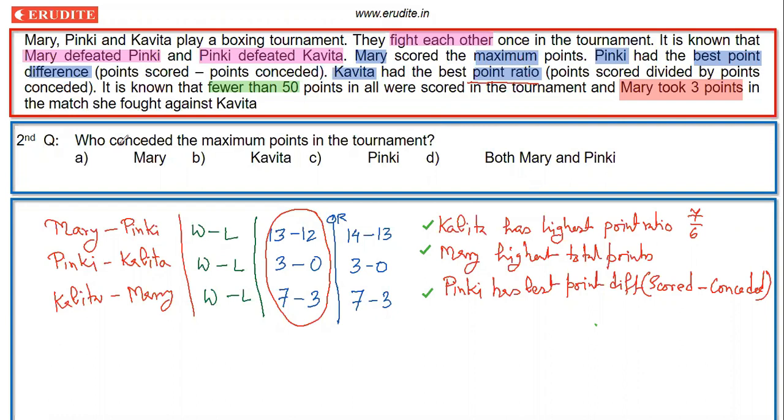You need to know that here it is conceded, because the scored part has already been mentioned. So we need to find out the conceded part. And here in our first case, second case, we can see that Mary, wherever Mary scored the maximum, conceded the maximum. Mary conceded, in this case, 19, which is the maximum. So my answer in this case is Mary.